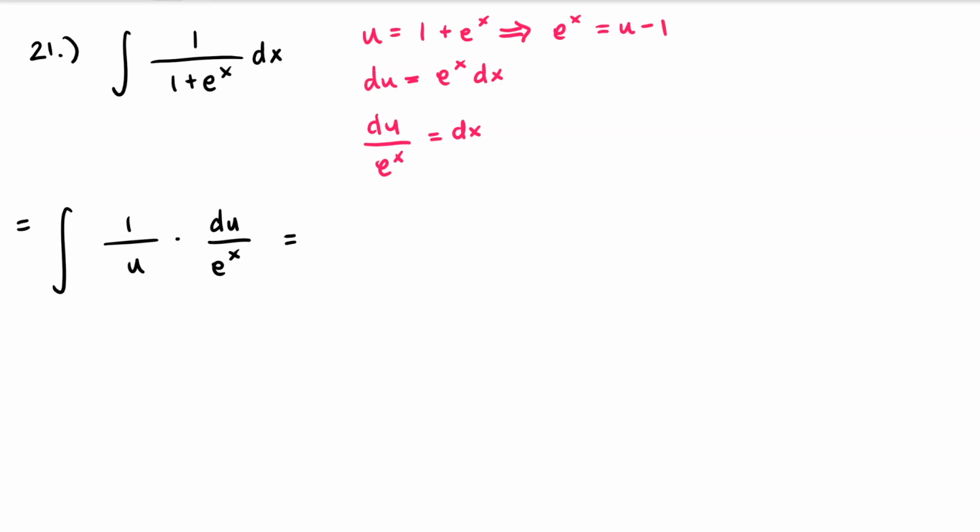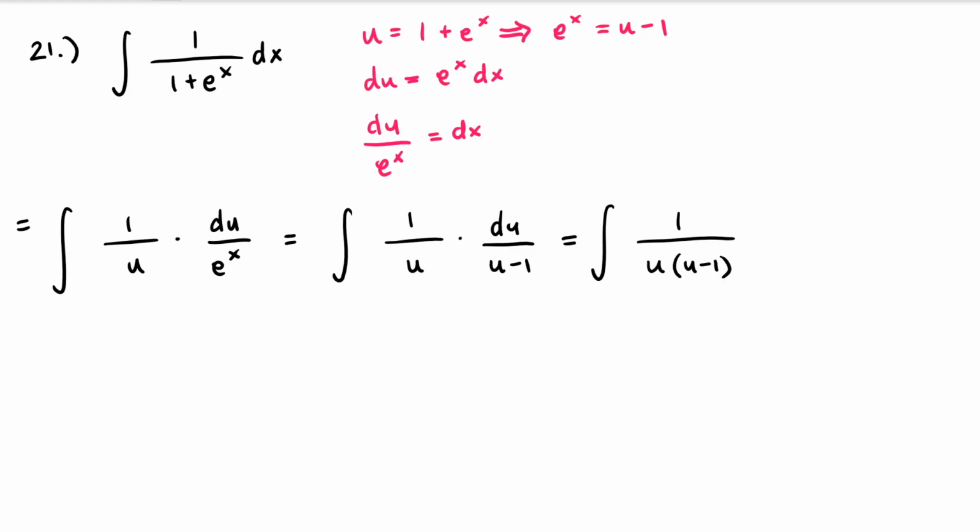What that's going to allow us to do is now we'll have 1 over u times du over u minus 1. And I'm going to write this slightly differently. So this is equal to 1 over u times u minus 1 du, like that.